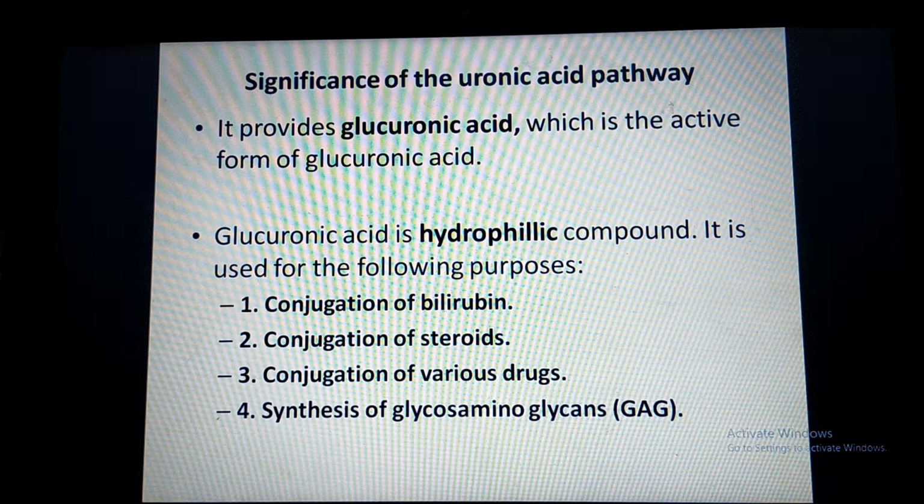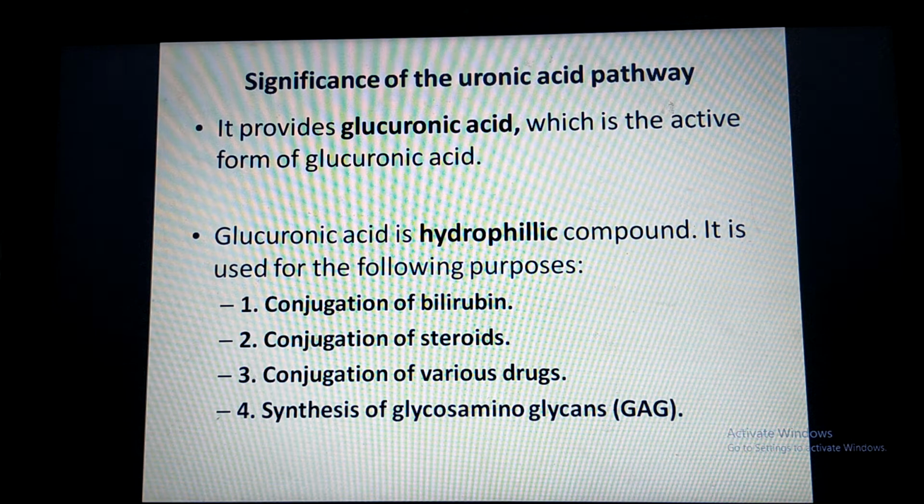Therefore, the hydrophobic compounds must be converted into hydrophilic compounds by combining some hydrophilic moiety, and in this case glucuronic acid acts as a conjugating agent which combines with unconjugated bilirubin, which is hydrophobic in nature, and after combining with glucuronic acid the bilirubin becomes hydrophilic and can be easily transported through the bile and excreted through the stools.